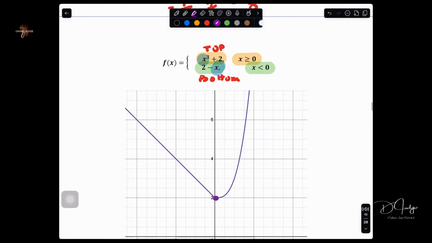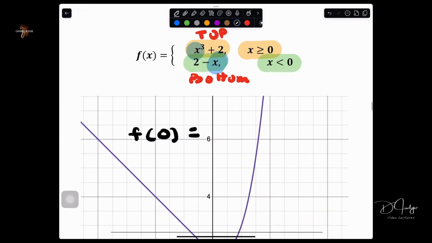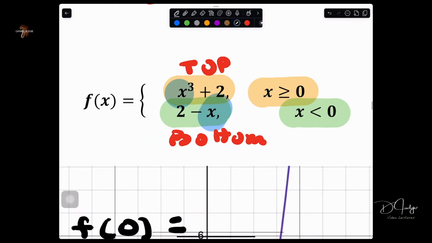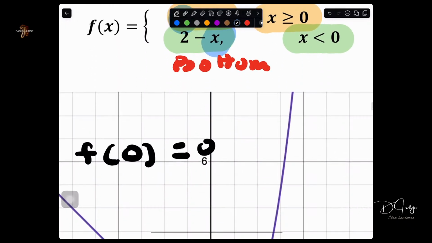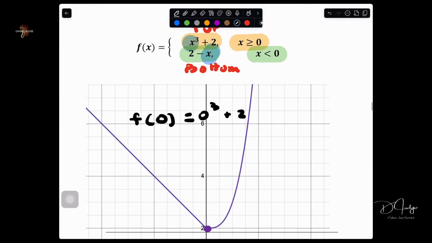I want to note something here, that the value of the function at 0 is found by using the top function because it's defined for values of x that are greater than or equal to 0. So that would be 0 cubed plus 2, which is 0 plus 2, which is going to be 0.